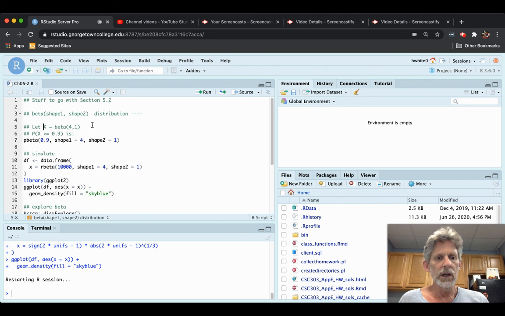A beta was a fraction of waiting time. When you were waiting for alpha plus beta events to occur, what fraction of that time was spent waiting for the first alpha of the alpha plus beta events to occur. That's how you would think of it if alpha and beta were whole numbers. But of course, betas are defined also for alpha and beta any real number.